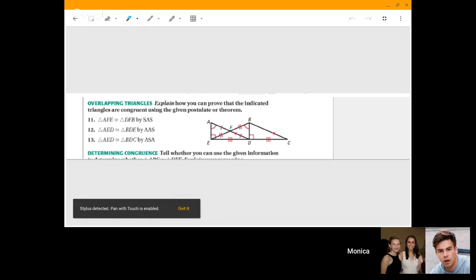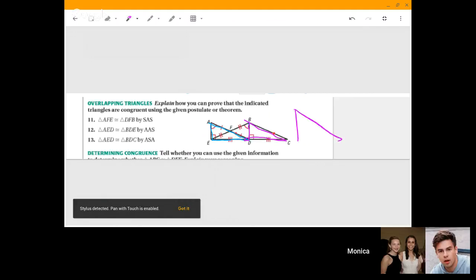So we're looking at AED and BDC. So those two triangles, all right?